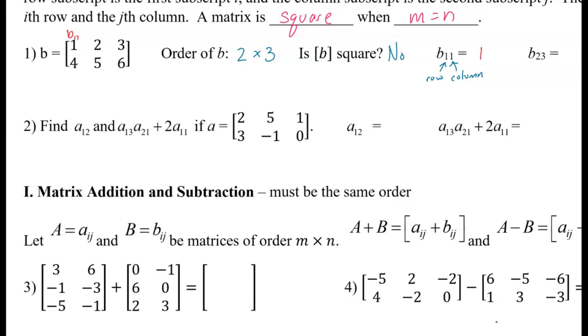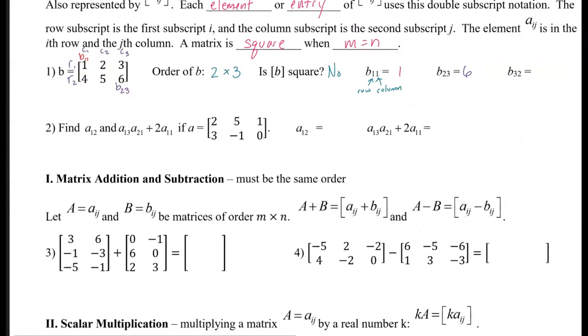What about B23? Yes, row 2. This is row 2, this is row 1, this is column 1, column 2, column 3. So row 2, column 3 is 6, is equal to 6.